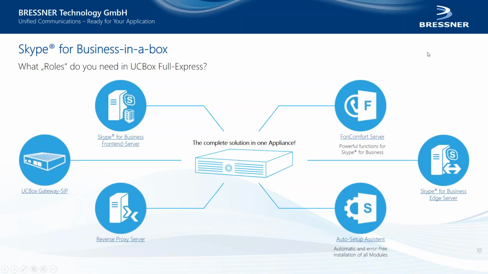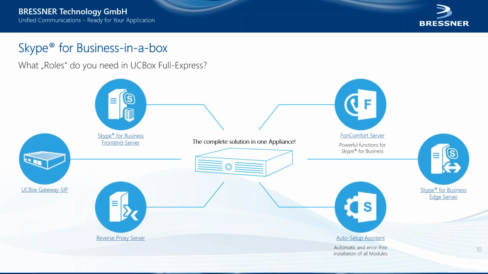So the users will log on in your internal Active Directory and will connect to your front-end servers which are also installed on-premise. So we have a phone comfort server, we have an Edge server, Skype for Business Edge server. We have a reverse proxy server included. We have also the UC Box Gateway as a virtualized version also in this solution. And we have the auto setup assistant.